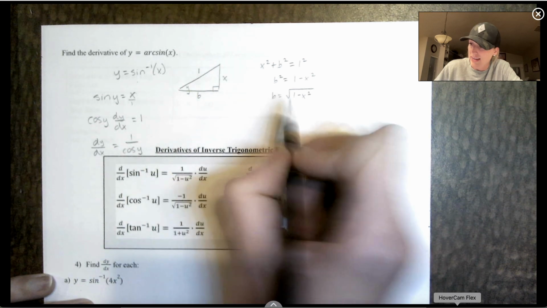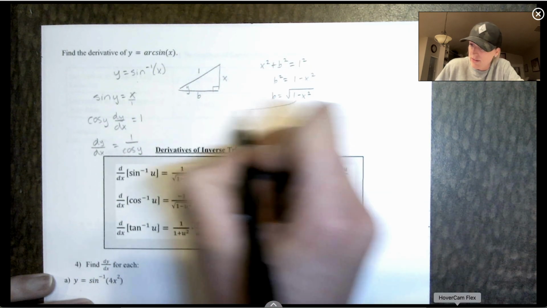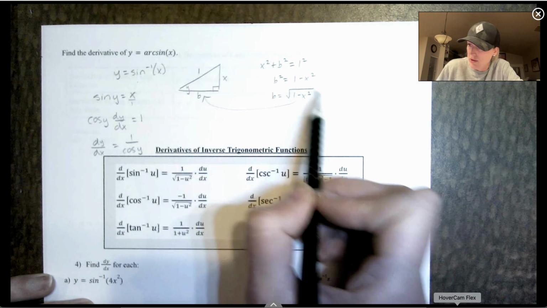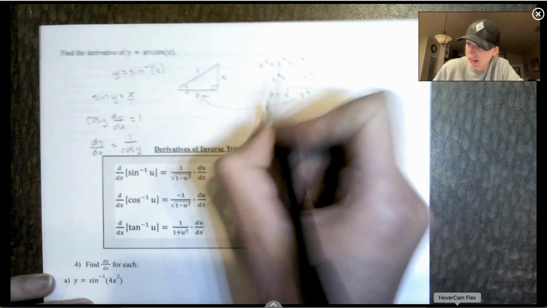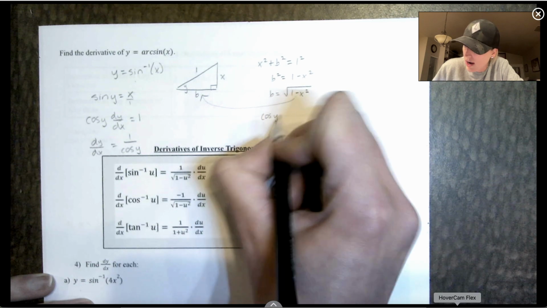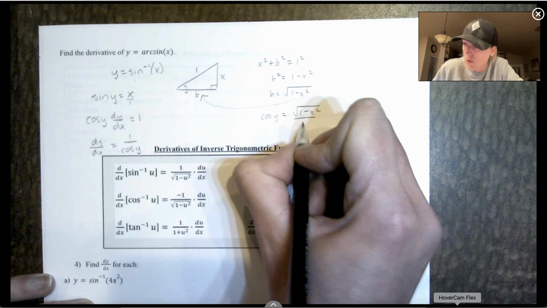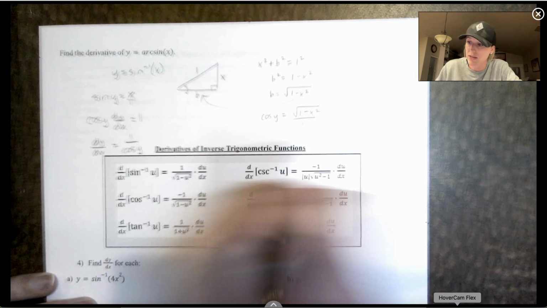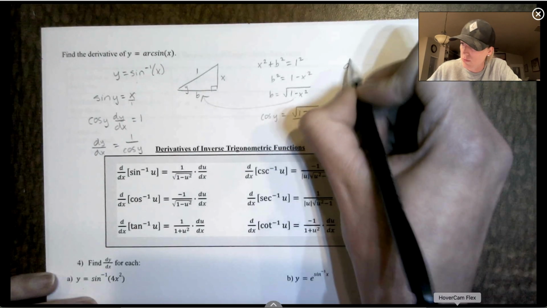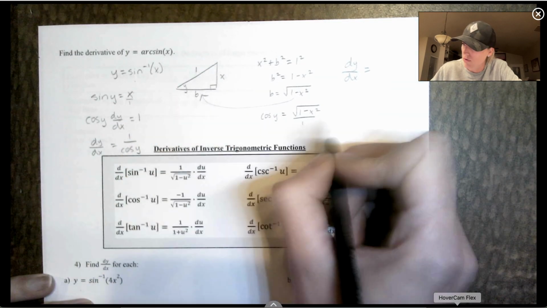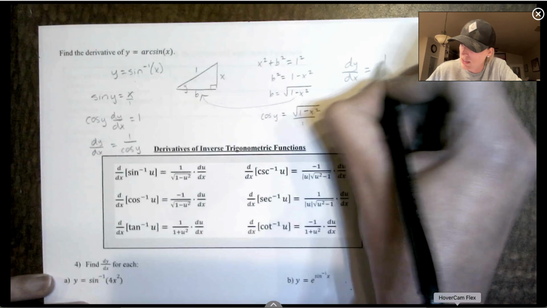Cosine is adjacent over hypotenuse, so cosine of y is going to equal the square root of 1 minus x squared over 1, or just the square root of 1 minus x squared. So then when I plug it in here, we get the derivative to be equal to 1 over cosine of y, which is this.